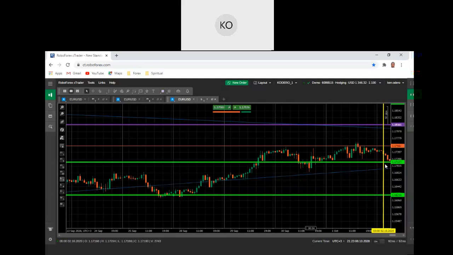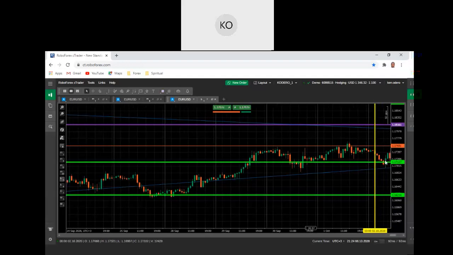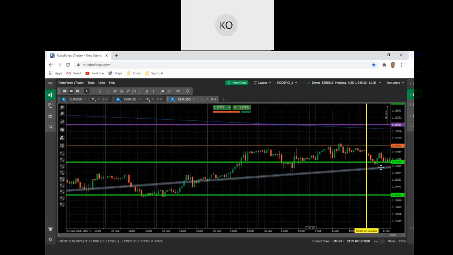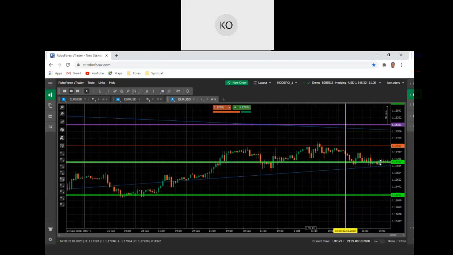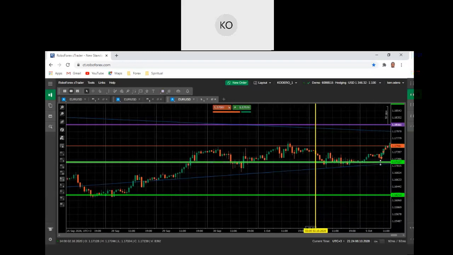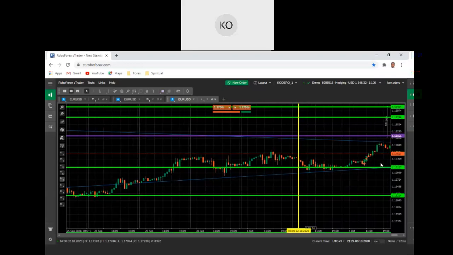So let's see what happens in this particular case. It broke this support, but as you have seen here, it came and touched this trend line, and then it bounced back up. So it danced a little on the support, and then started going back up, up, up. You see?